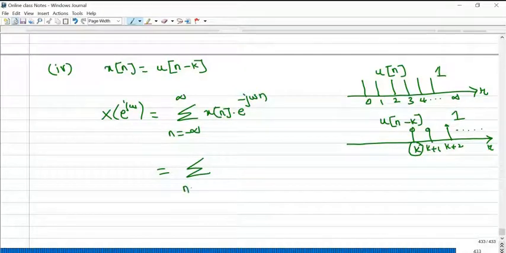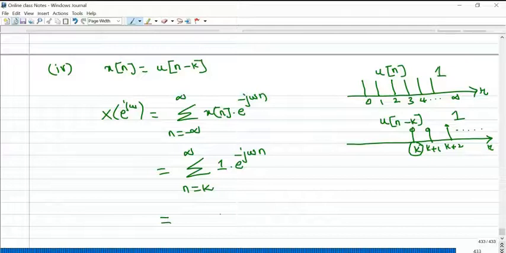So n equal to k up to infinity, x of n magnitude is 1, times e power minus j omega n. Now, summation from k to infinity of e power minus j omega n, there is no formula. We have formulas for summation 0 to infinity, or 0 to N, or N1 to N2. For that only we have formula.